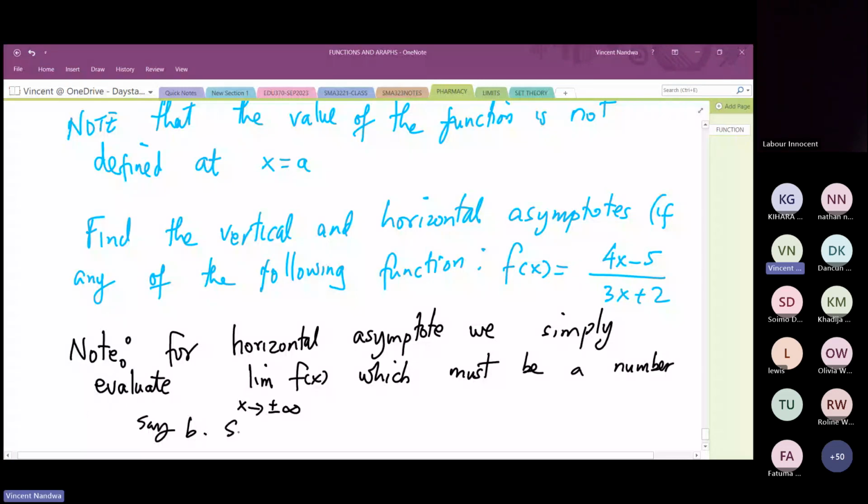And so the horizontal asymptote is y equals this number b.